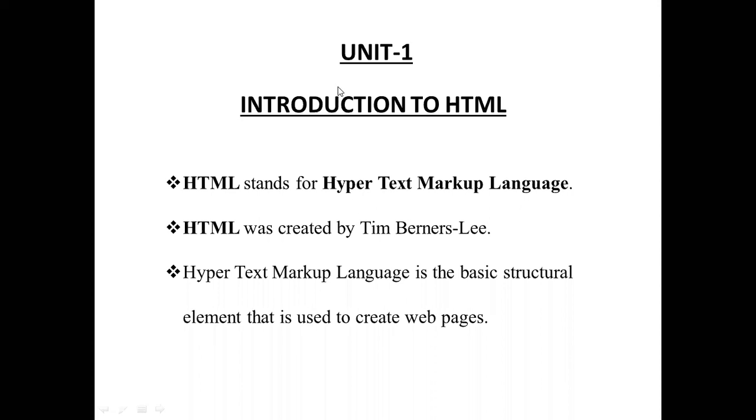The second is CSS, Cascading Style Sheets, which is used to apply styles to the web page. The third is JavaScript, which is used to add interactivity to the web page. In later chapters we will discuss CSS and JavaScript. First we discuss HTML.